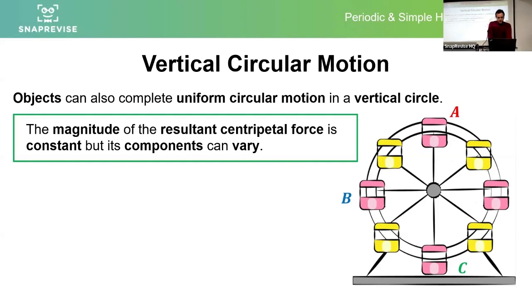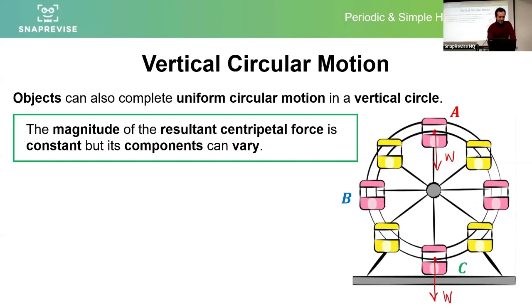This is perhaps the only example that often comes up where it's a little bit different. If you're given the dreaded carousel, the complication here is that weight always acts downwards. It doesn't consistently play the role of the centripetal force.